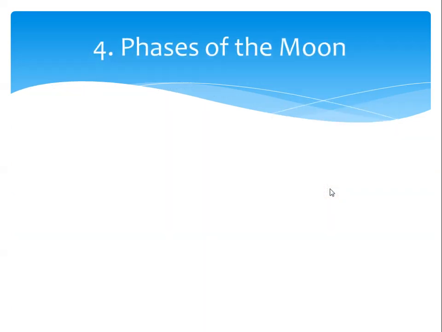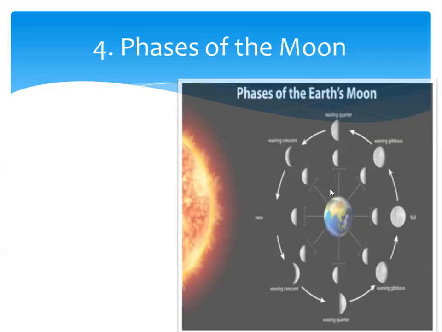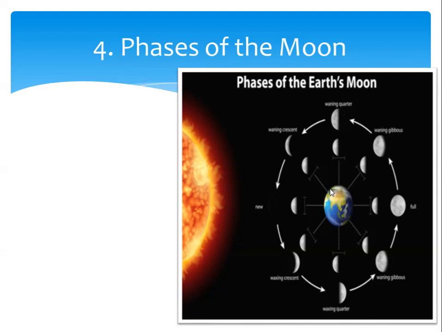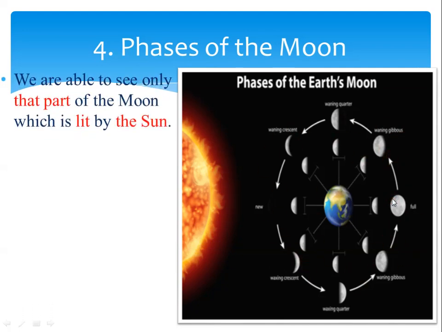Phases of the moon. This is the picture of different phases of the moon. We are able to see only that part of the moon which is lit by the sun.